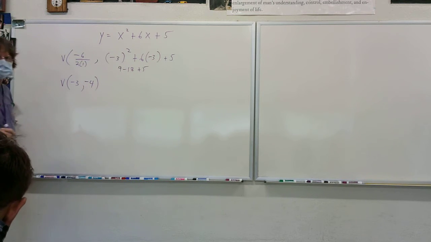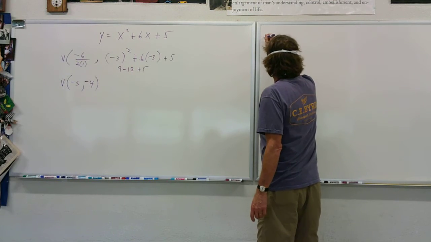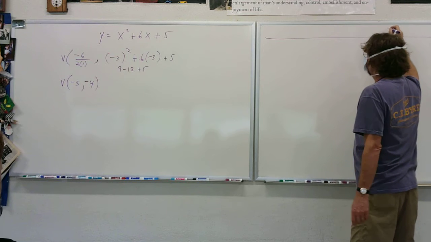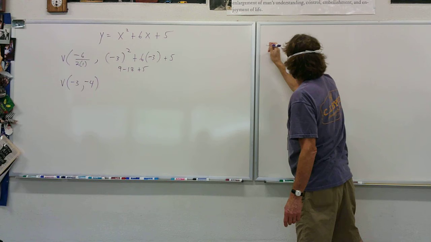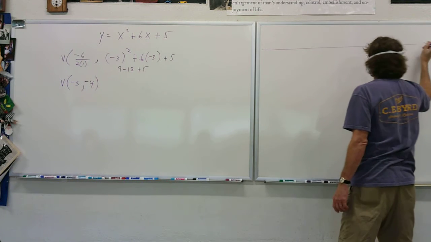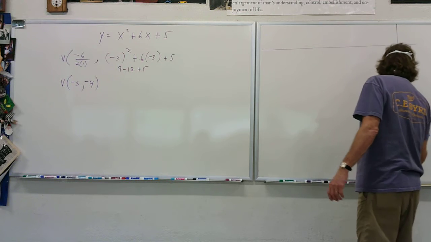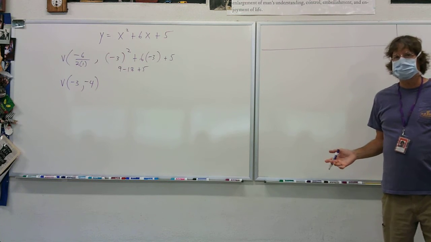There is the vertex. Now, here's the problem with these graphs. I'm going to put the x-axis way up there. And I'm going to put the y-axis way over here. You want to zoom in when you do these, all right?